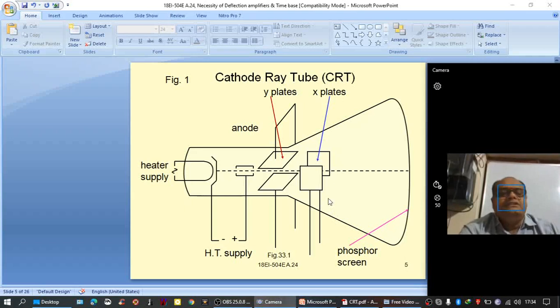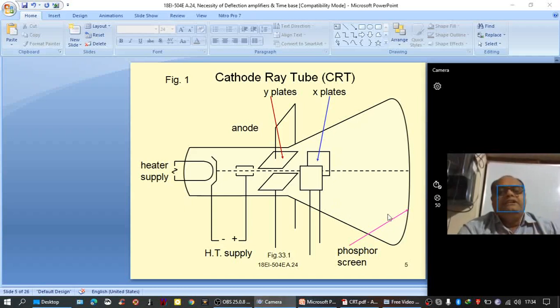So we can say during trace time, the electron beam moves from left to right through the screen, and during the retrace period, the electron beam moves from right to left. Now, just imagine an electron beam moving both horizontally and vertically simultaneously. Then what happens?